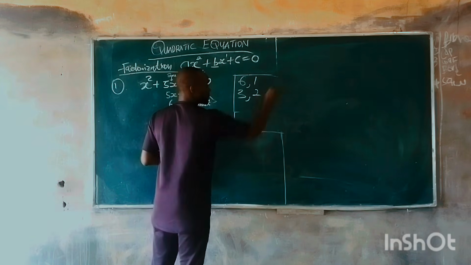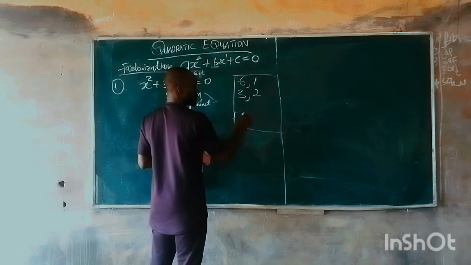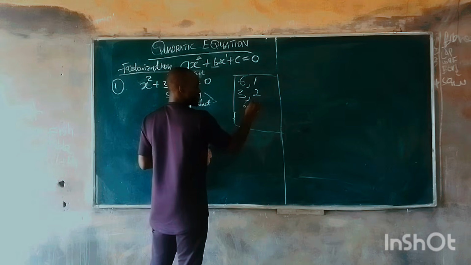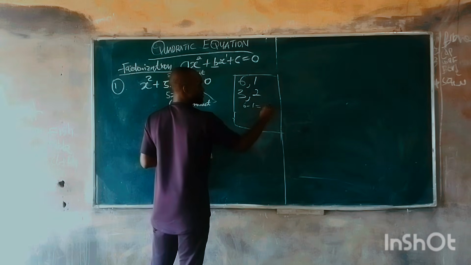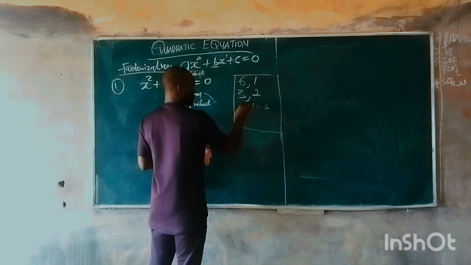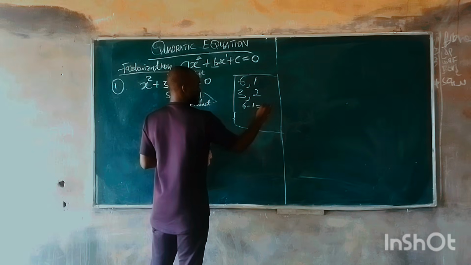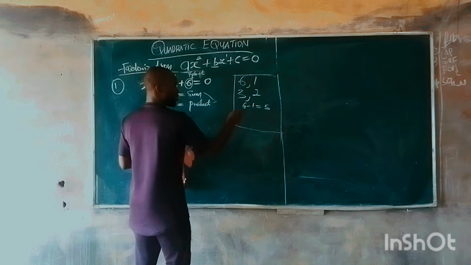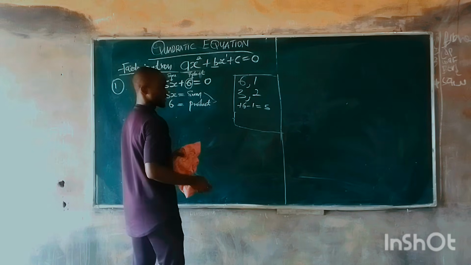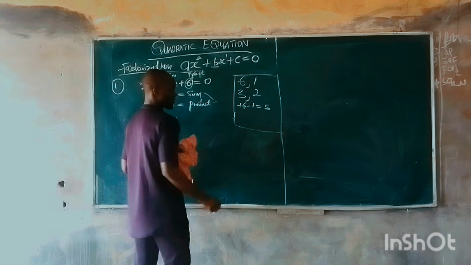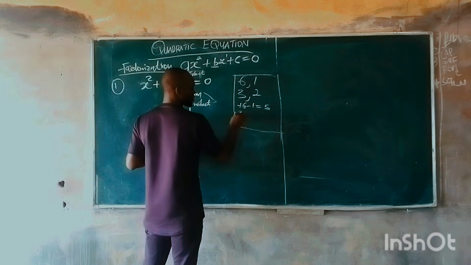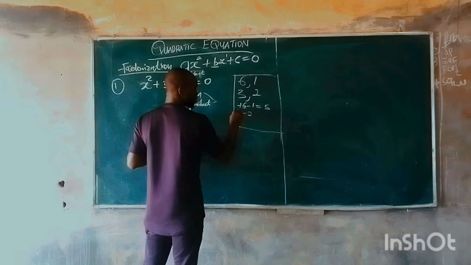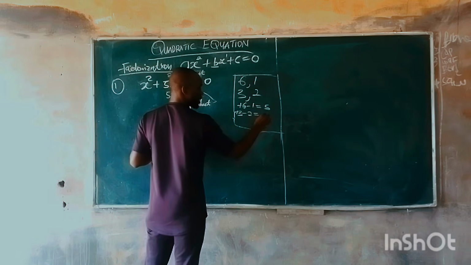Now, in these factors, I have 6 and 1. If I say plus 6 minus 1, I'm going to have 5. If I say plus 3 minus 2, I'm going to have 1.